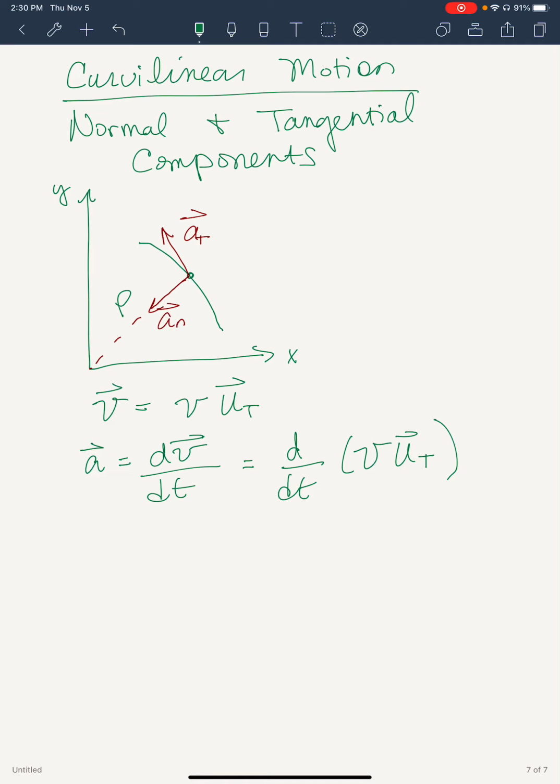So taking the derivative of the velocity times u t plus the velocity times the du dt. Maybe I'm going to do a little bit of an abbreviated one. You can see the whole derivation in your textbook. So a equals dv dt times u t plus v times du t dt.